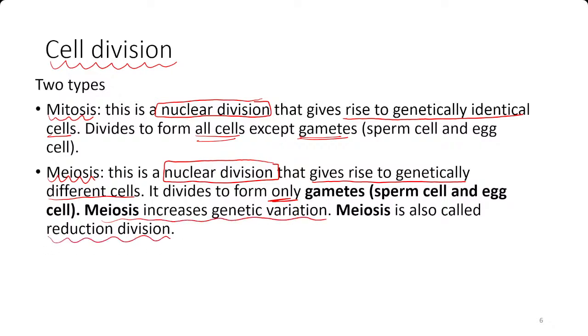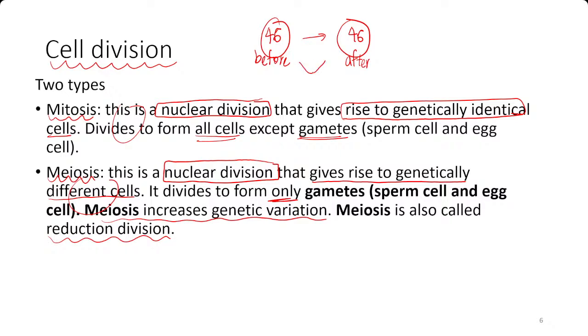The reason they say this is because mitosis gives rise to genetically identical cells. That means if I have 46 chromosomes right before, then if it's identical, it will also have 46 chromosomes after. So these are identical and they are basically body cells.